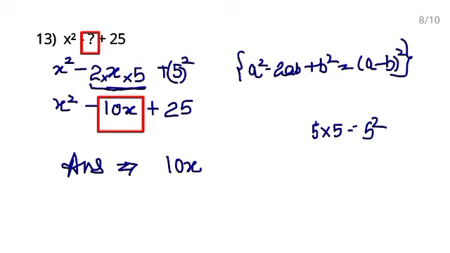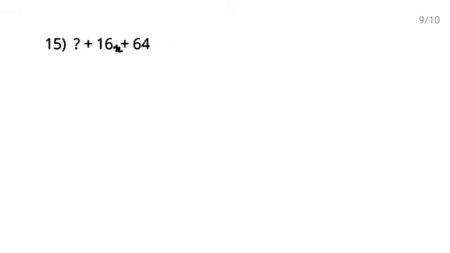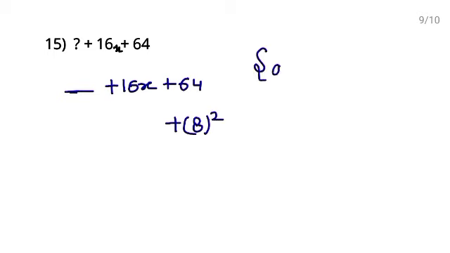Next question is this: blank plus 16x plus 64. First of all, this 64 can be written as 8 square. We will use the identity a square plus 2ab plus b square is equal to a plus b whole square, right?